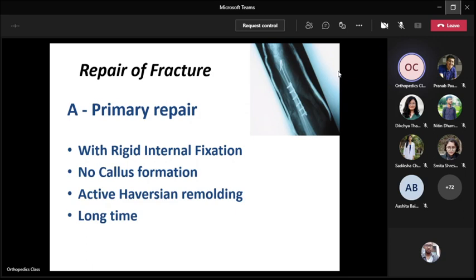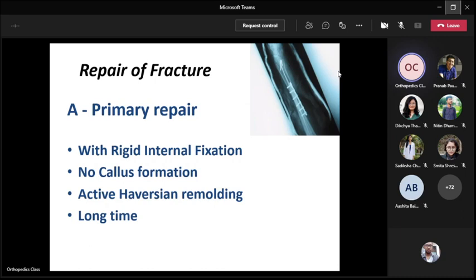But our aim, as doctors, is to heal those bones in a proper anatomical or acceptable position so that we can have proper function after healing. So the person will have a good functional outcome. Two types of healing are there, primary healing and secondary healing.